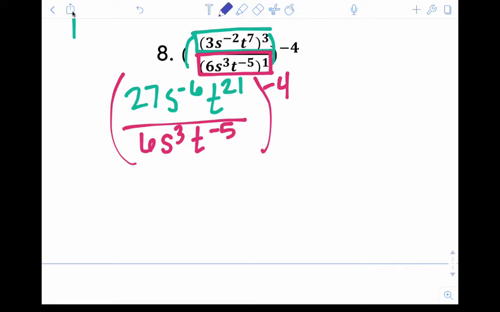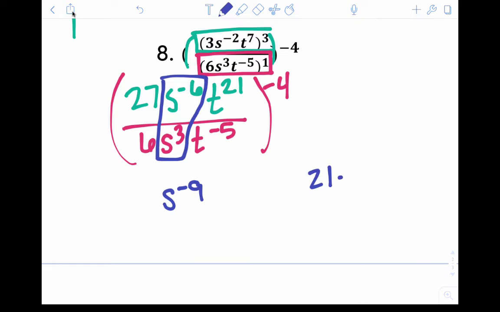So I have two different ways to think about this part right here. I can either think of this using the quotient rule, and in that case I would do negative 6 minus 3, which is the same as adding a negative. So I'd get negative 9 as my exponent. So I have s to the negative 9th. And then same with t to the 21st over t to the negative 5th.